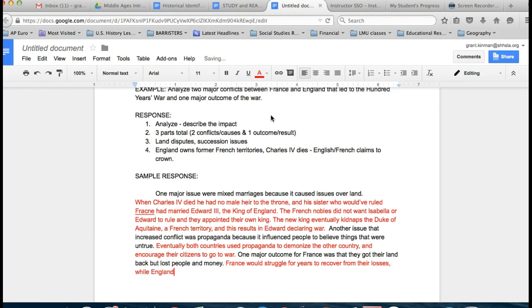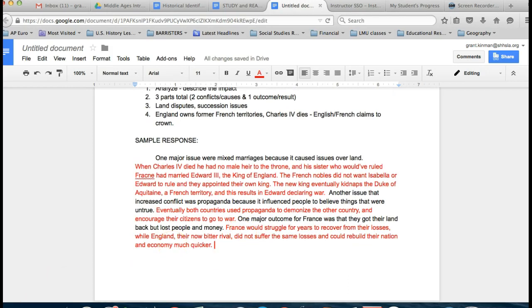While England, their now bitter rival, did not suffer the same losses and could rebuild their nation and economy much quicker.